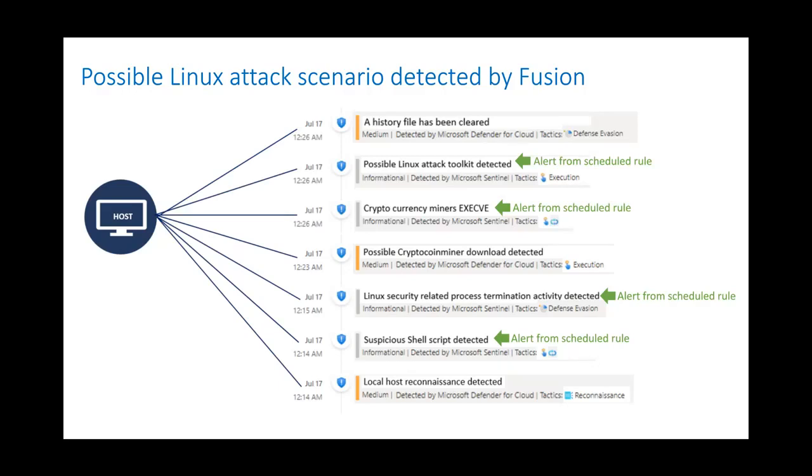So now here's a summary of the attacker activity. We can see how this single Fusion incident has revealed attacker tracks right from the reconnaissance stage to detecting suspicious shell scripts that are used to download the attacker payload, along with triggering digital currency mining activities.